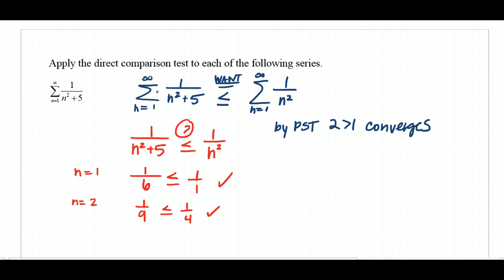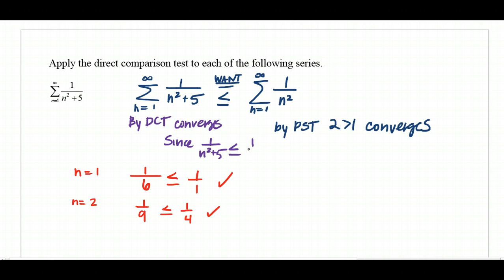So now what we can say is that this series on the left, let me go ahead and erase this, by the direct comparison test, this series also converges, since 1 over n squared plus 5 is less than or equal to 1 over n squared.